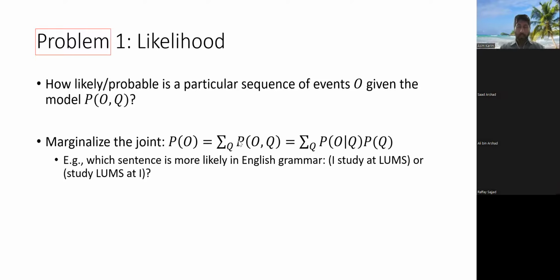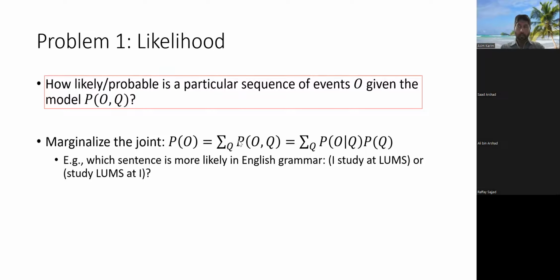These are conventionally called problem 1, problem 2, problem 3. Problem 1, of course, is also called the likelihood problem. So what is the likelihood problem? The likelihood problem is to find the probability of capital O, which is a sequence of words, a sequence of events.